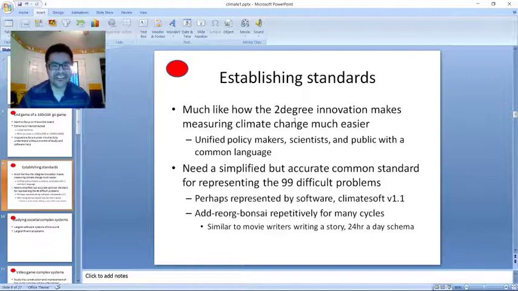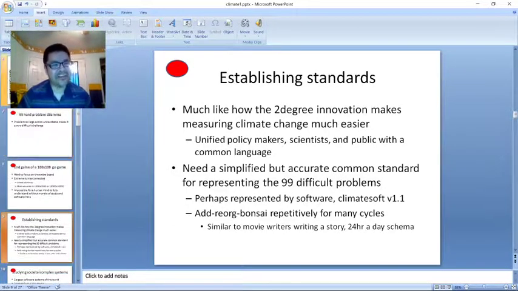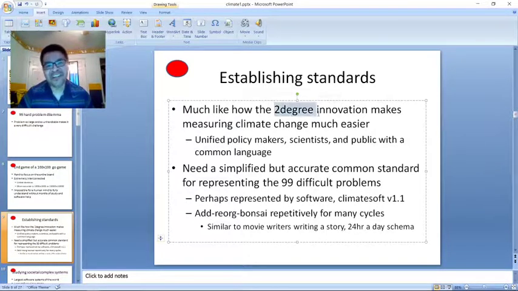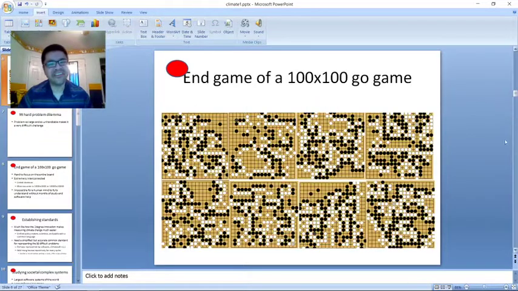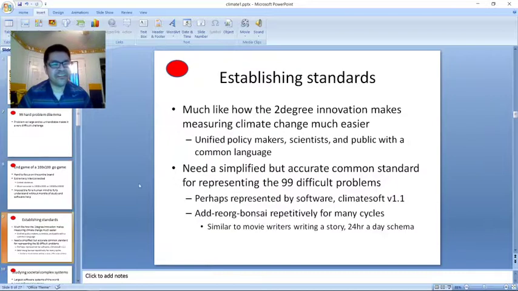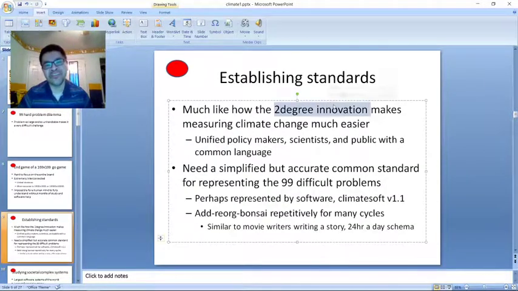Establishing standards. Is there a way to establish and develop them? Firstly, the two-degree innovation makes this tree a lot easier. Can we improve the two-degree innovation? Can we add another innovation like this?